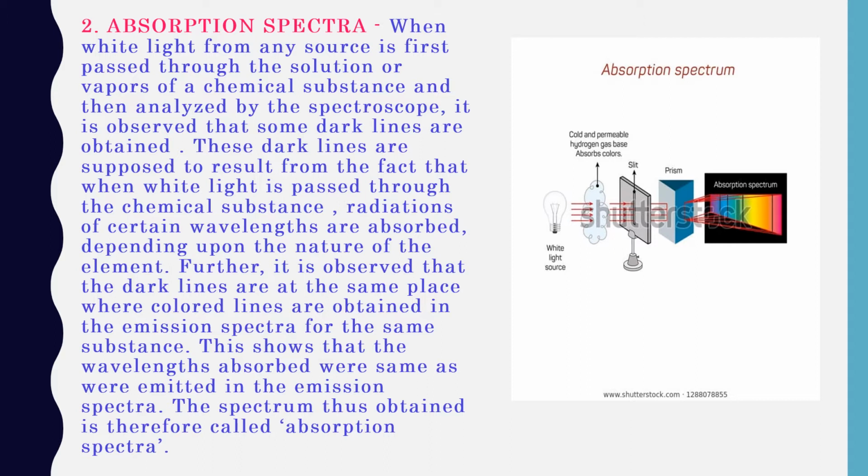So the spectrum thus obtained is called absorption spectrum. You can see over here the absorption spectra: from a white light source we are having, and after that we are having the absorption spectra on the photographic plate. So I hope it's clear.